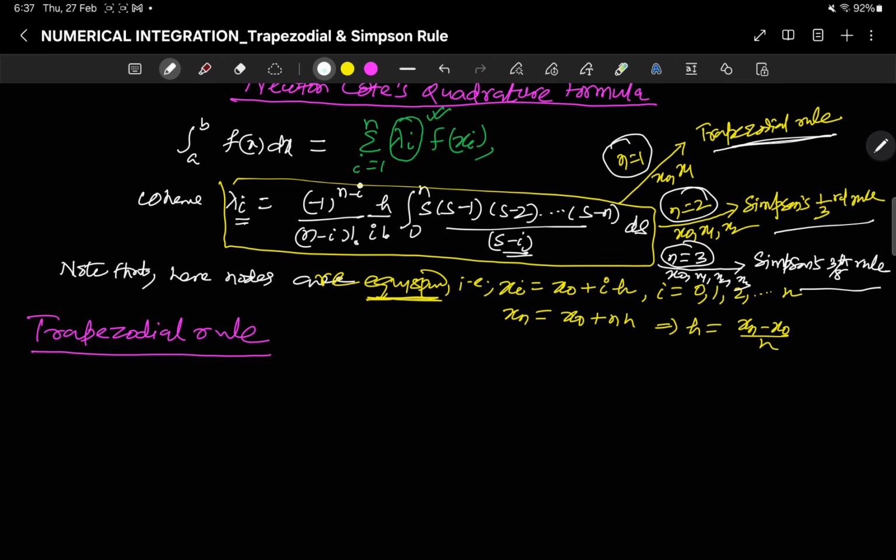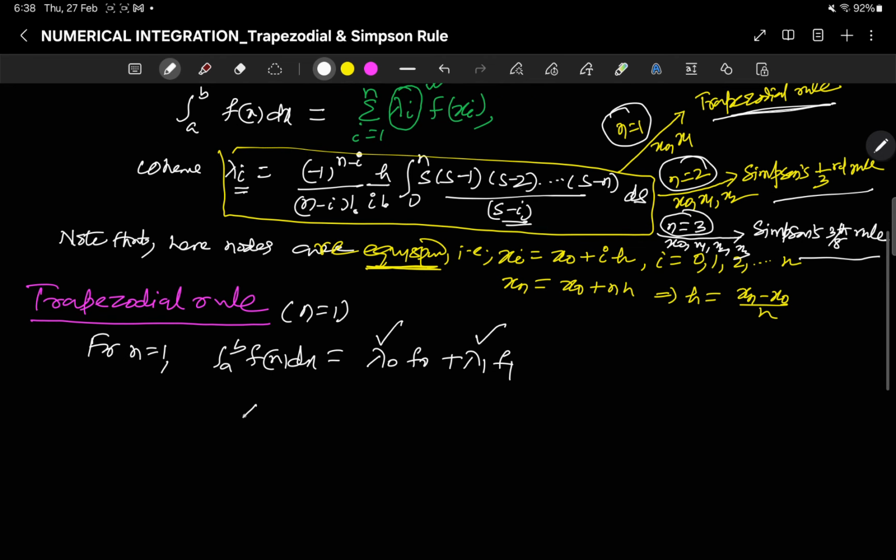Now coming to the trapezoidal rule, here n is equal to 1. For n equal to 1, integral a to b f(x) dx will be lambda 0 f0 plus lambda 1 f1. We need to find lambda 0 and lambda 1. Lambda 0 is with n equal to 1 and i equal to 0.